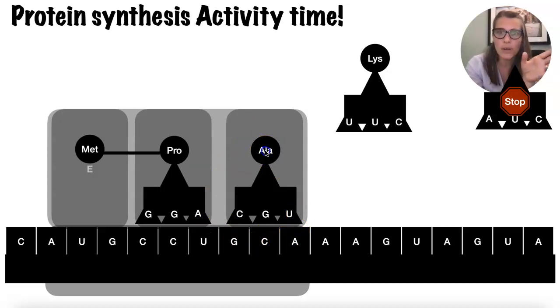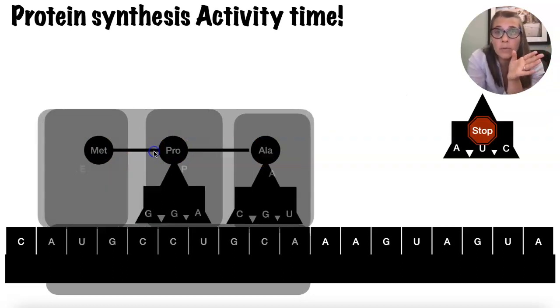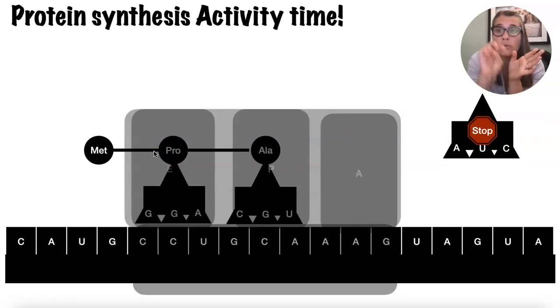So same story here, we're going to create that bond. So now you have 3 amino acids that are linked between each other through peptide bond, and the ribosome is ready to move again. Remember, 3 nucleotides at a time. So again, now you have that chain linked to this guy here on the P site, and the old tRNA is on the E site.